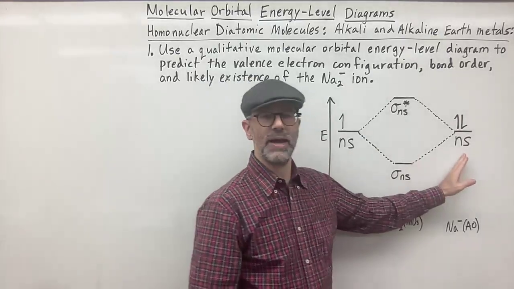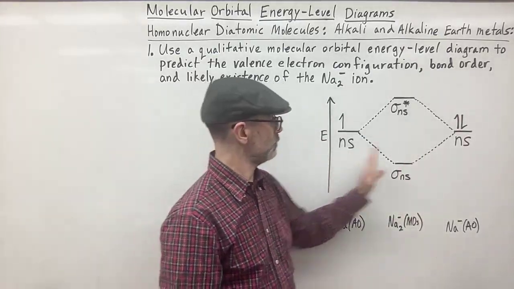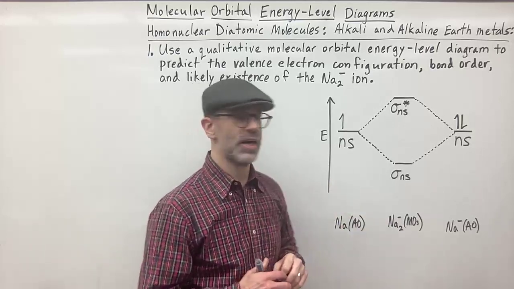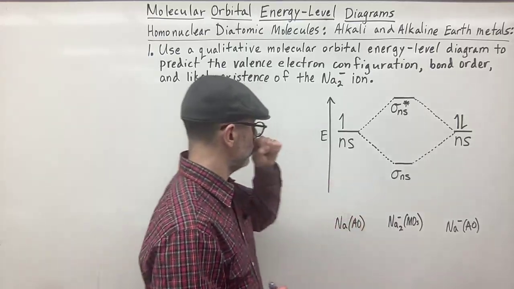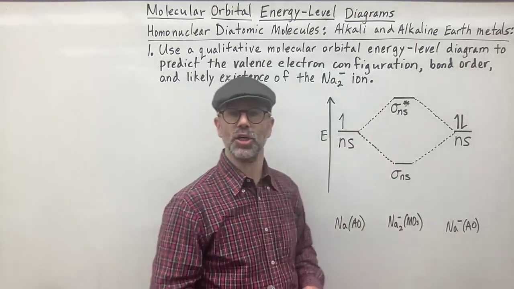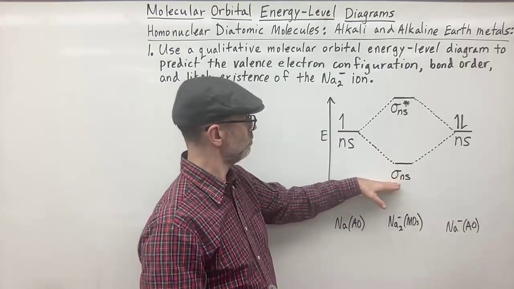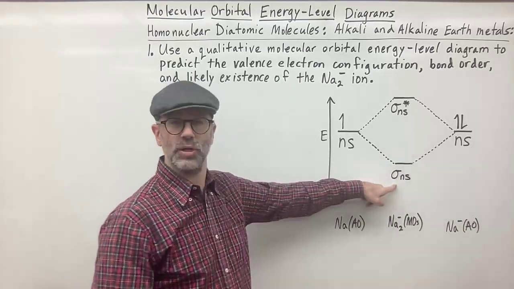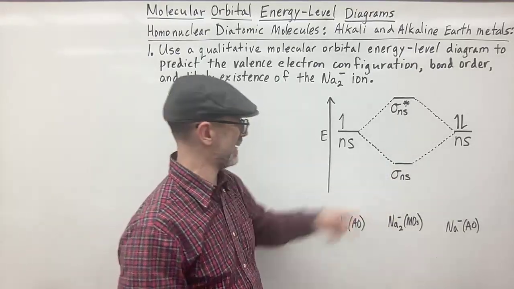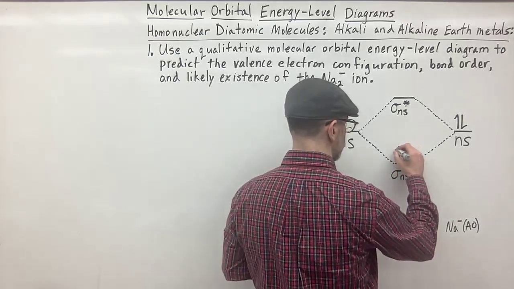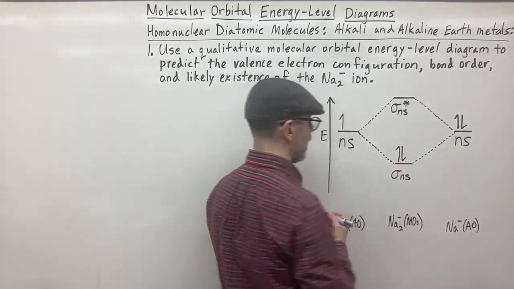Okay, so now that we have the valence electrons for the atoms set up, we can take those valence electrons and fill in the molecular orbital energy levels. We're going to start with the lowest energy level, sigma ns. This can hold two electrons, so we'll put two electrons in there, spin up, spin down.